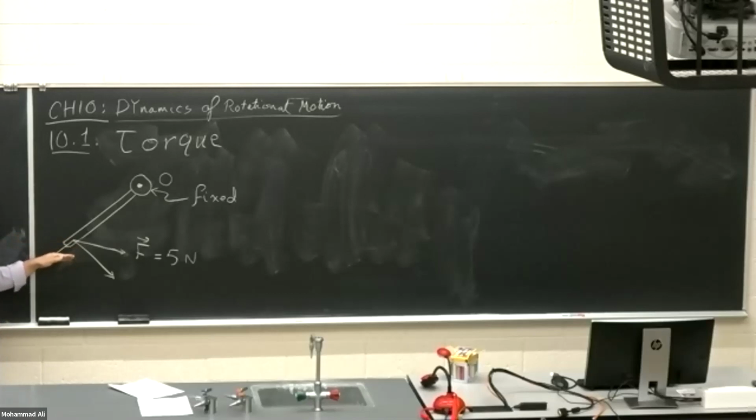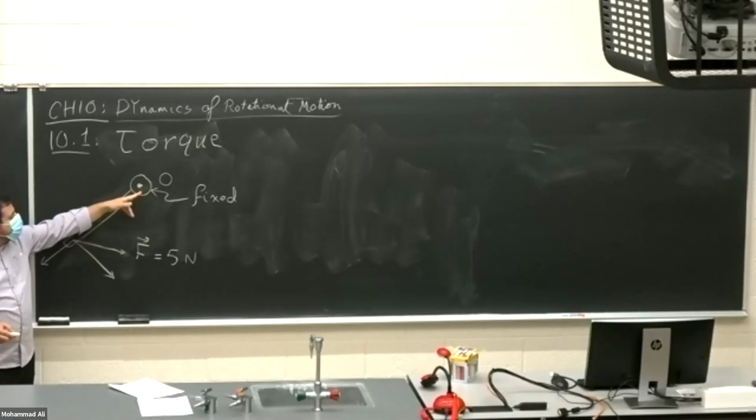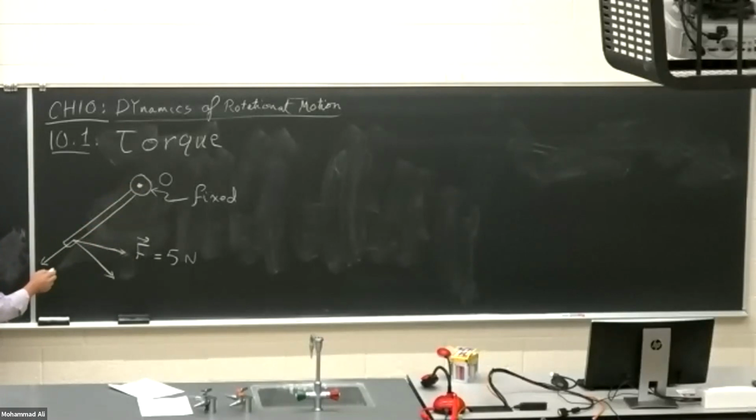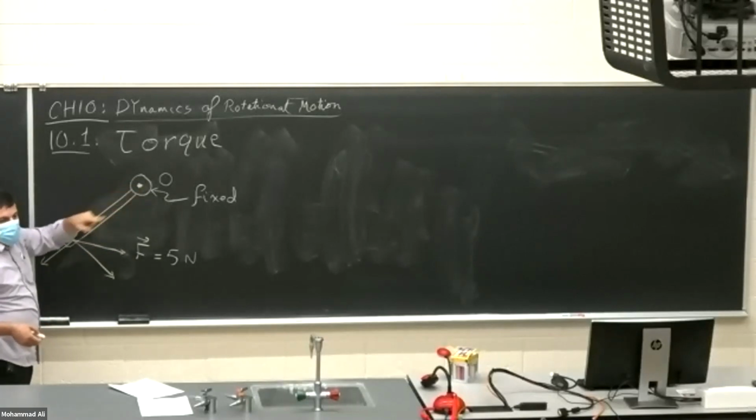Now, there is a change in direction between the force and the origin, the point of rotation. Look, there is a change in the direction or the angle with respect to this point.